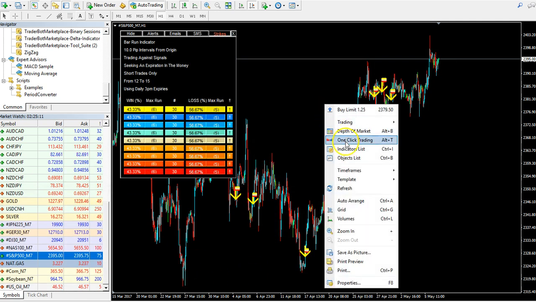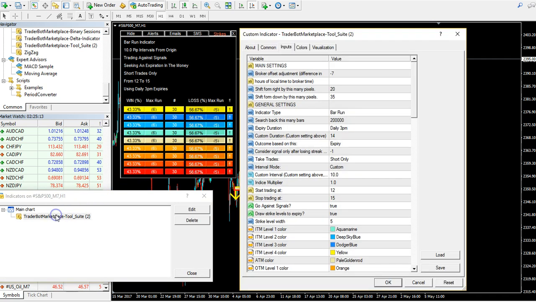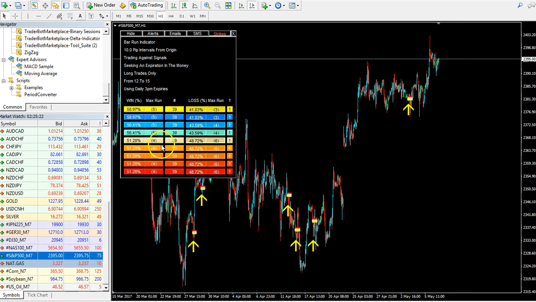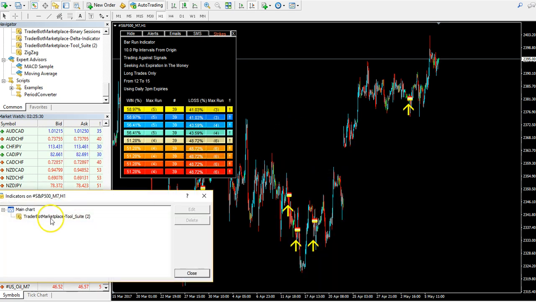Okay, shorts are no good. Longs are 51%. However, I don't like it because there's 6 losers in a row versus 4 winners in a row. So I might just scrap this one.